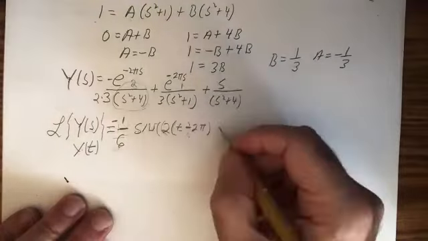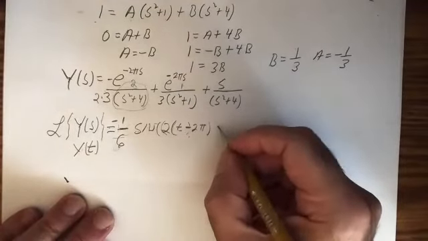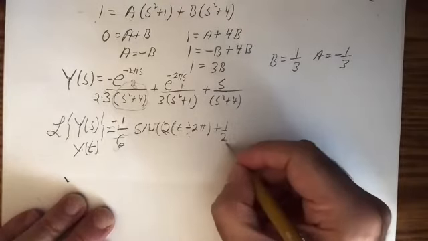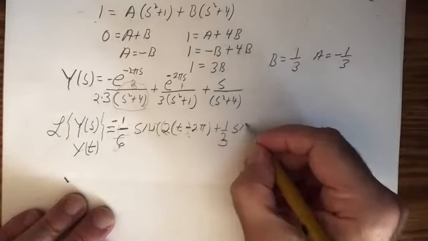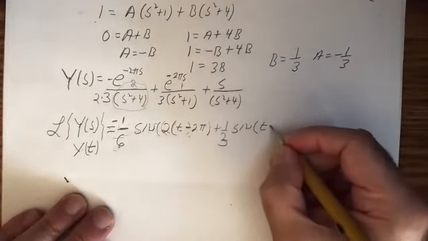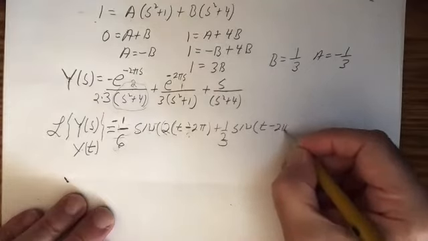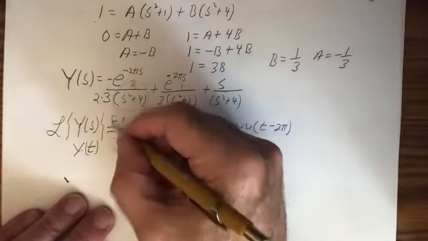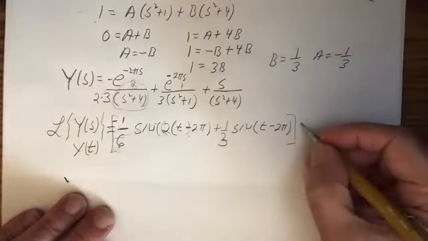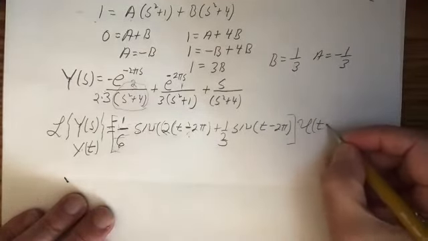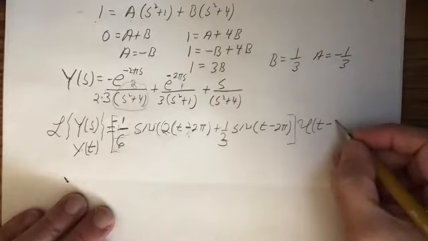And then the other one is going to be 1/3, right here. And then this is going to be the sine of t, sine of t minus 2 pi. And then all of this here, the whole thing, each one of these terms is multiplied by the unit step function, which is t minus 2 pi.